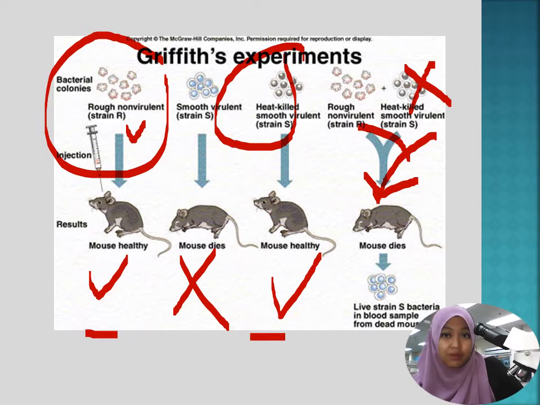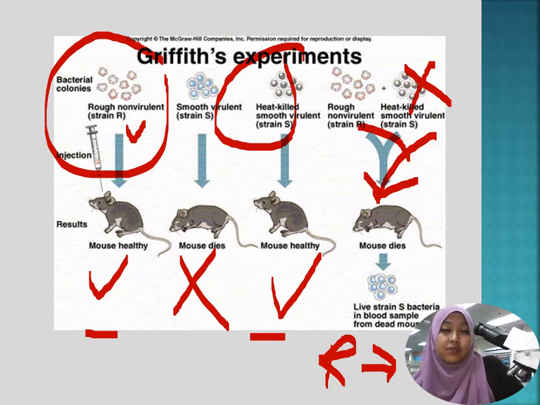They put in live strain R, so something changed the surface of the rough strain R into strain S, meaning something was transformed from strain R into strain S.